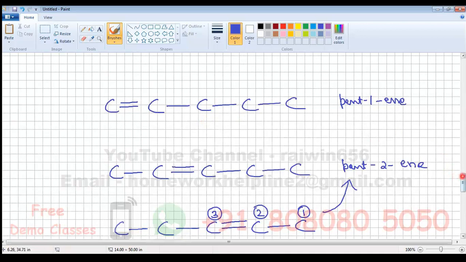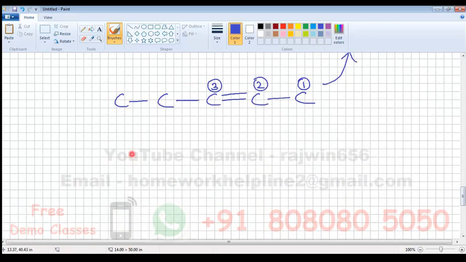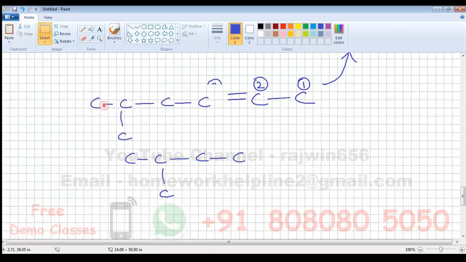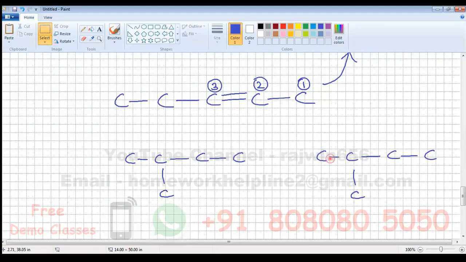You can have another branch of carbon atoms like this. There's no hex-1-ene here.